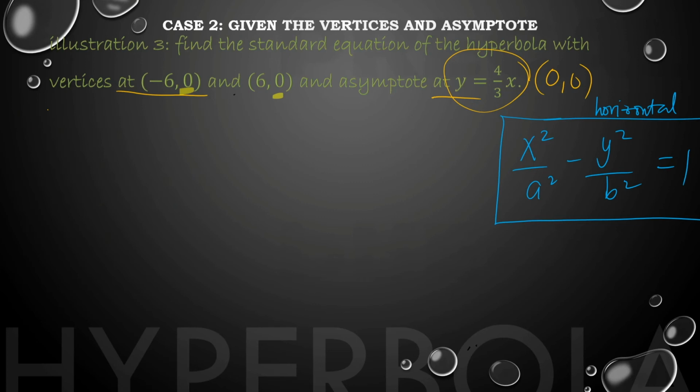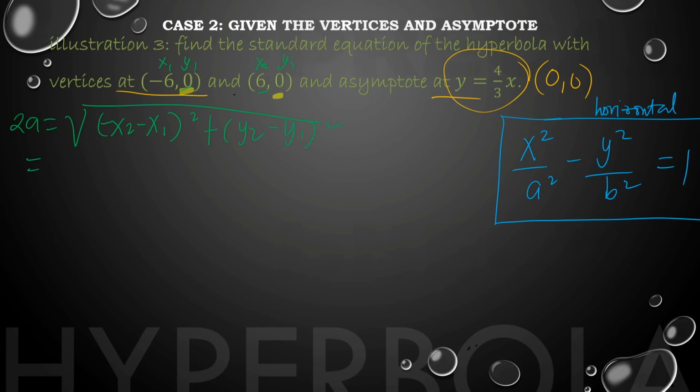And then, hahanapin natin yung a by using the distance formula, using the coordinates of the vertices to find the transverse axis. So, to find that, so 2a is equal to distance formula, square root of x sub 2 minus x sub 1 squared plus y sub 2 minus y sub 1 squared.